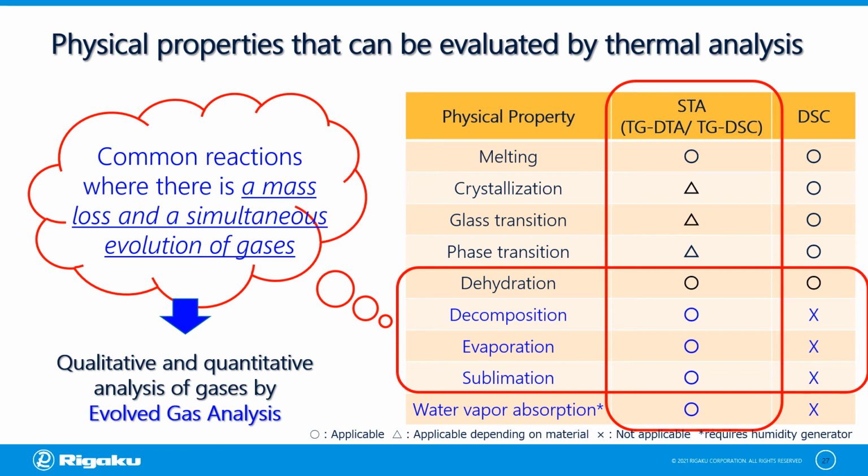Using the evolved gas analysis or EGA technique, we are able to qualitatively and quantitatively analyze evolved gases. Through this, we can understand the kind of gases and their evolution behavior.